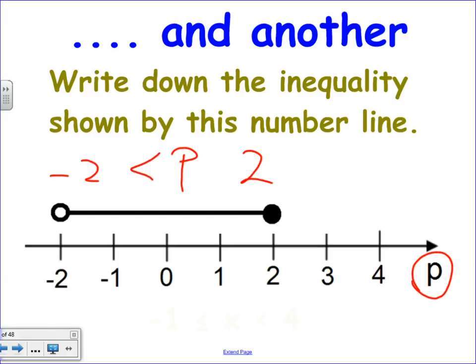Good, it's greater than -2. Can it be equal to it? No. And p is something to 2. Right, p is less than 2. It's to the left of 2. So p is less than 2. Can it be equal to 2? Yeah. Happy?